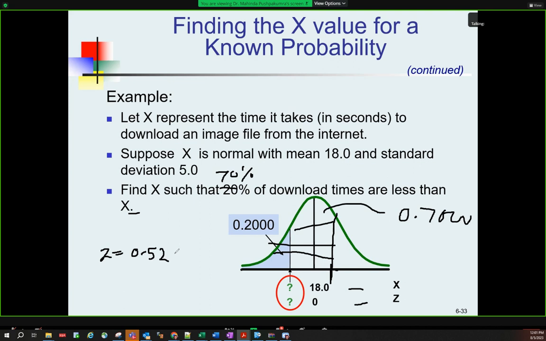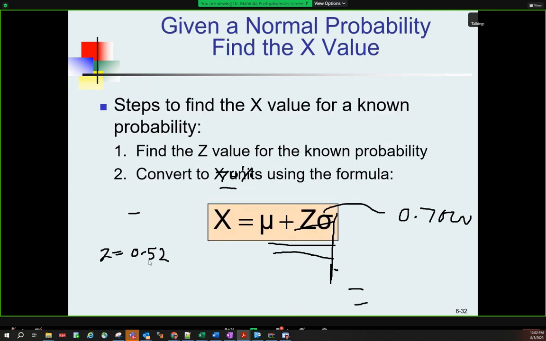The z value is, yes, 0.52. Then you can insert this into the formula. The formula is this one. z is equal to 0.52 here.